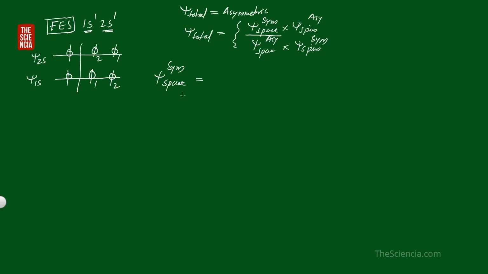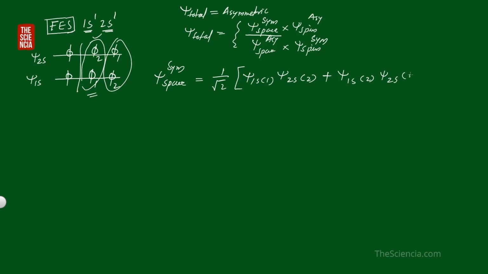Symmetric means a plus sign, and there are two possible combinations, so we can write 1 by root 2 into (first particle in the 1s state and second particle in the 2s state, plus second particle in the 1s state and first particle in the 2s state). So we got the symmetric space part.